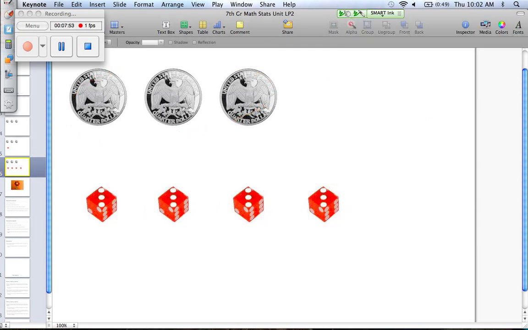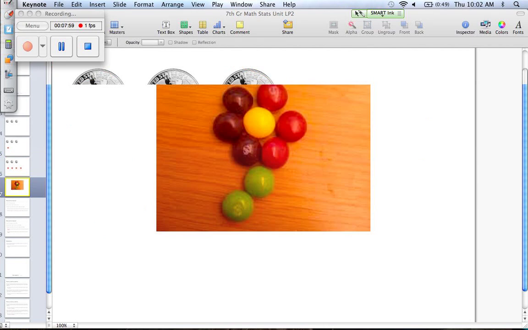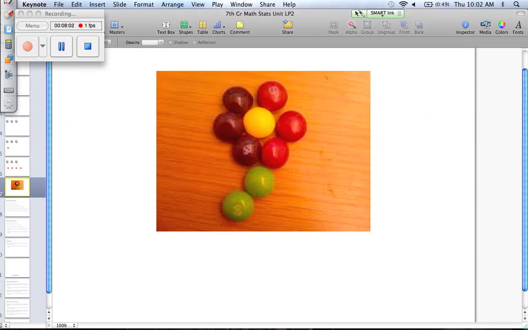There's one other thing we need to clarify before we move on and you do your examples by yourself. Here's the Skittles example from the last lesson. Now, when we were dealing with the quarters and the die, those events don't change. They're independent of each other. The probability of landing on tails is simply 1/2.